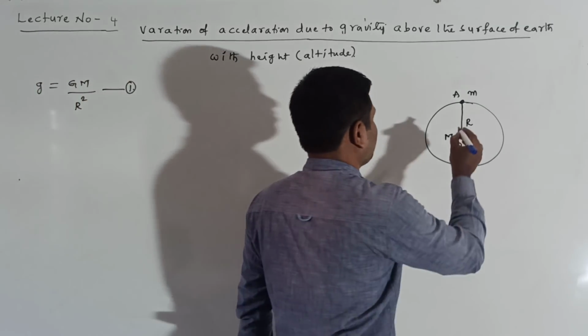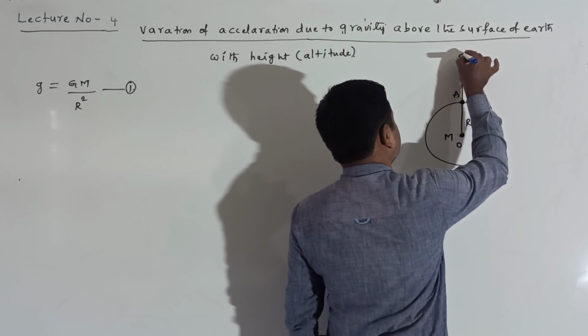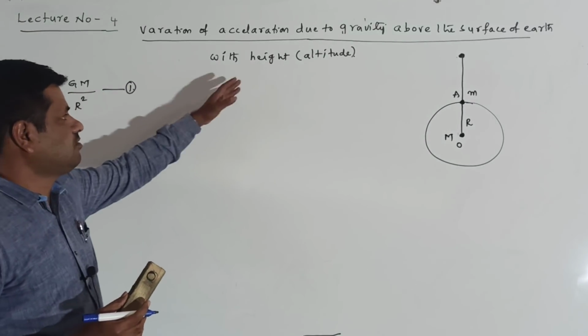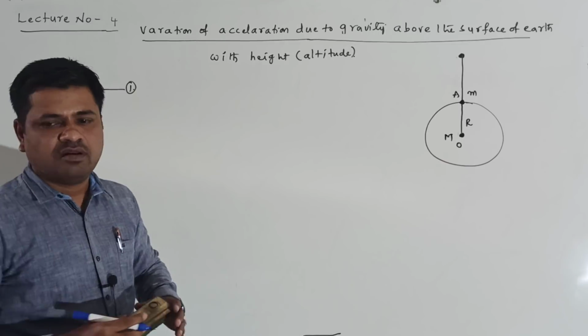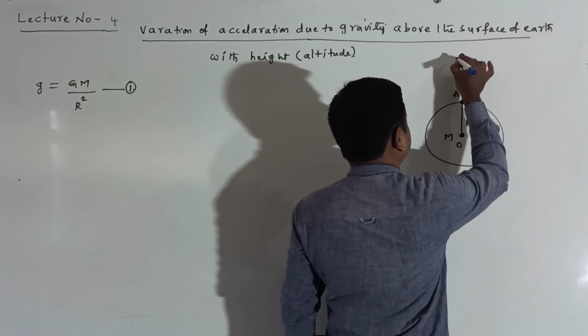Now this body I am lifting from point A to point B, means above the surface of the earth, to a certain height. That height I take as h, from this point to this point.